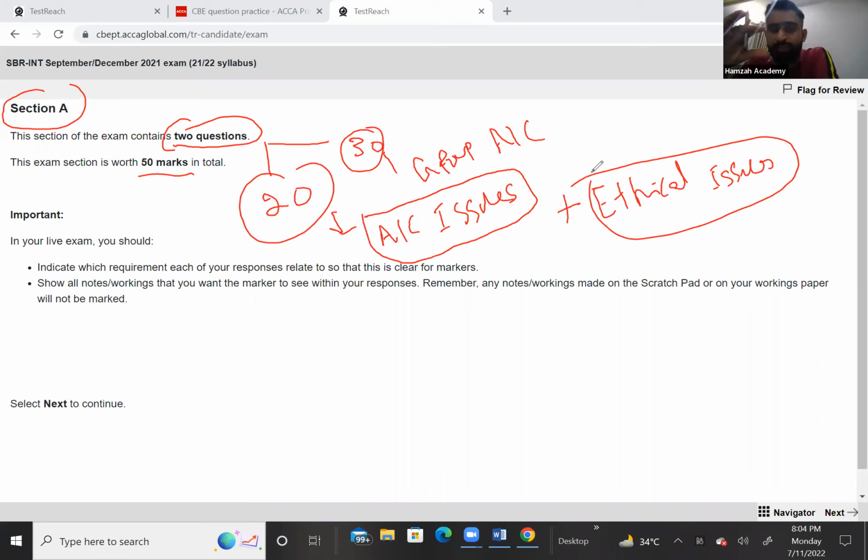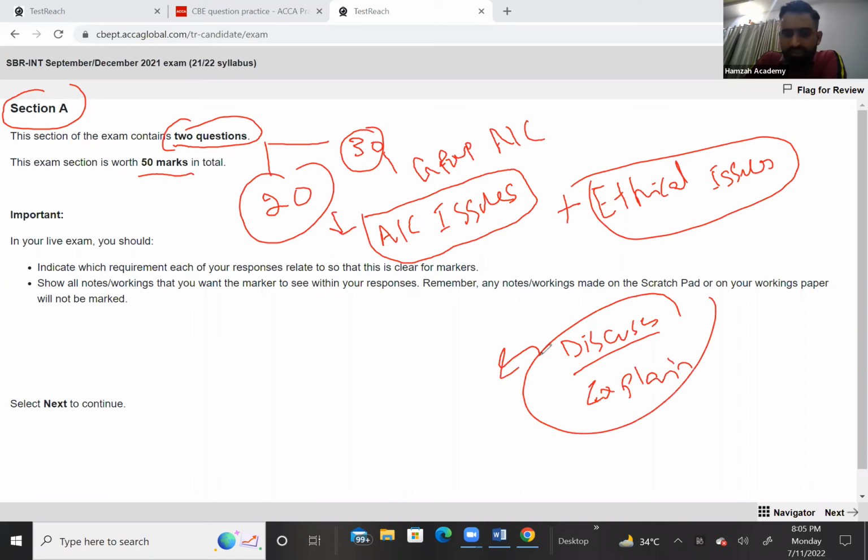And let me tell you, in SBR, when we will be practicing, you will see that in every question, you will see the requirement: discuss the case below, explain. There will be very little requirement where they will require us to calculate.